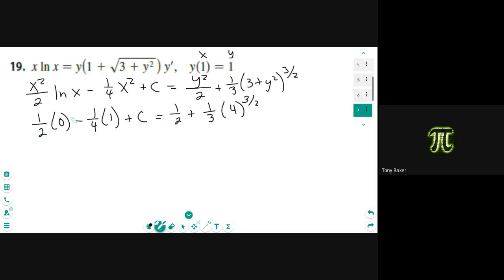So 1/2 times 0 is 0. So I have negative 1/4 plus c equals 1/2 plus 1/3 times 8, since 4 to the 3 halves is 8.